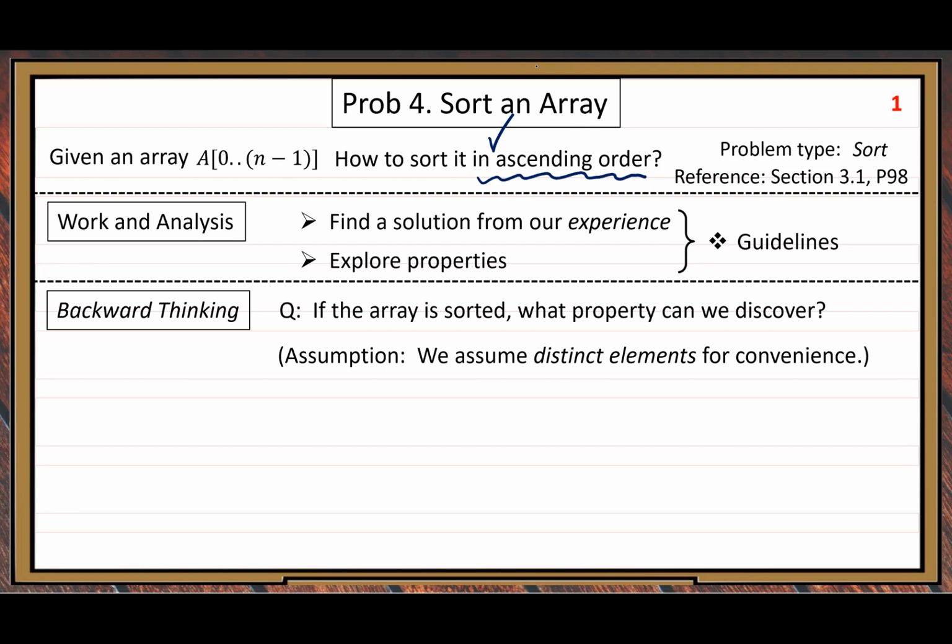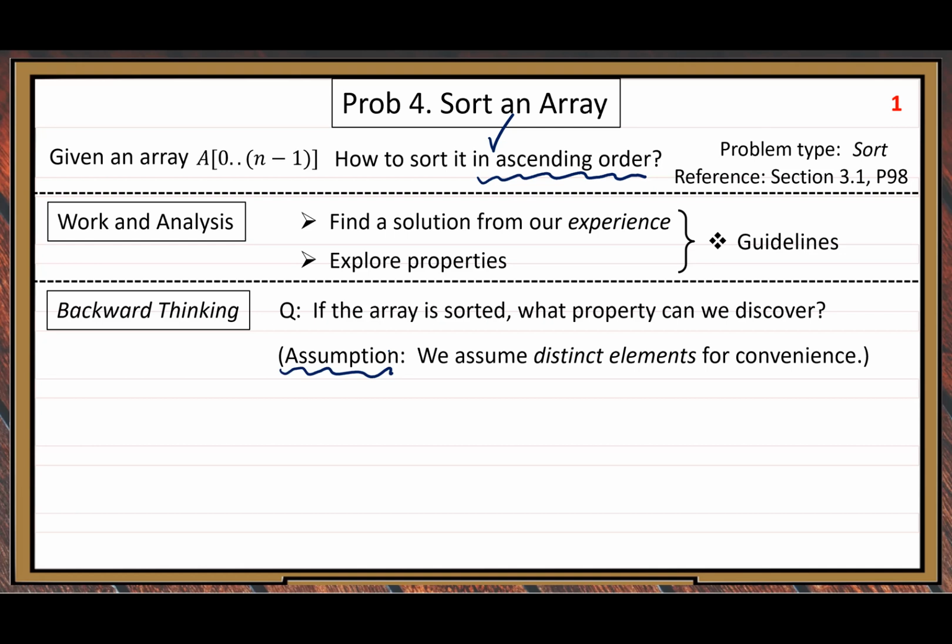We are allowed to have duplicate elements. So you modify your question in this way. Is it okay or not? Let me explain why we can do things like this.